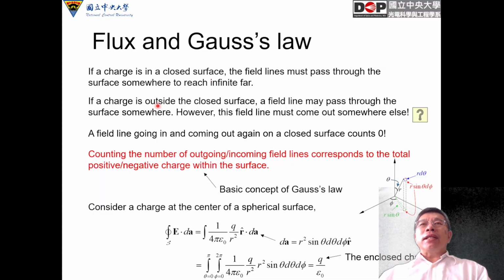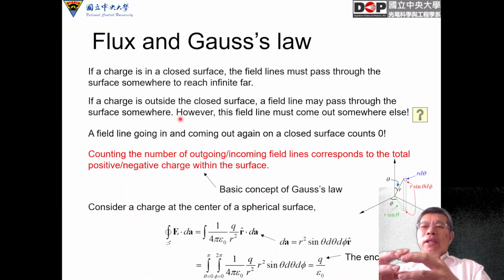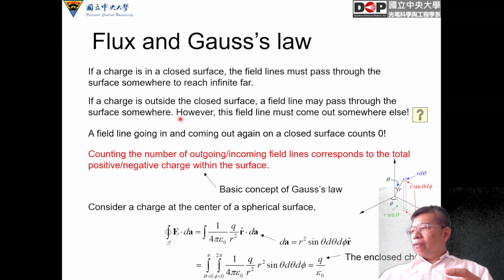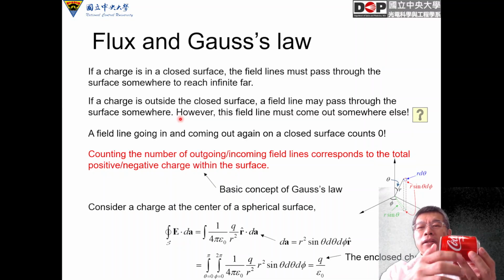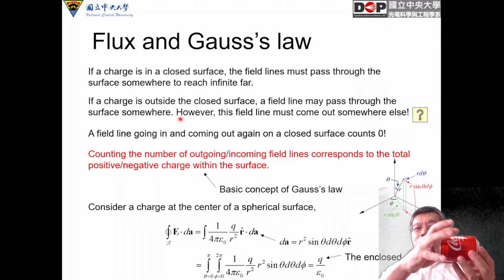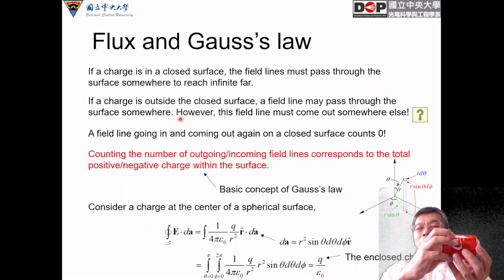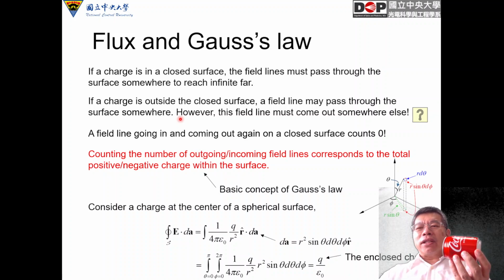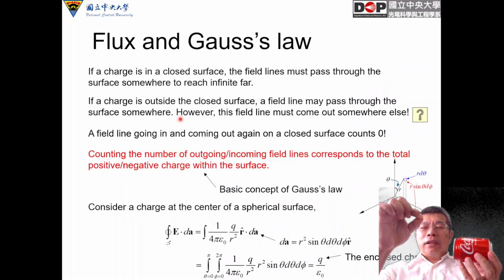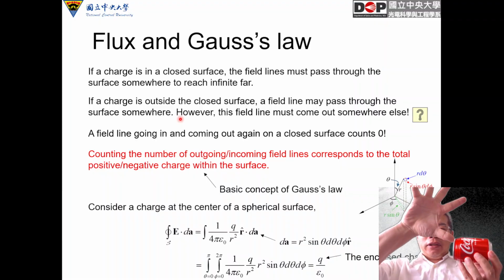So if a charge is outside the closed surface, a field line may pass through the surface somewhere. Okay, so if there is a surface here, for example, like this can, the can has a surface, but not necessarily a physical existence, but we have a surface, just like the soda can. So if you have a charge here, it generates field lines going everywhere.